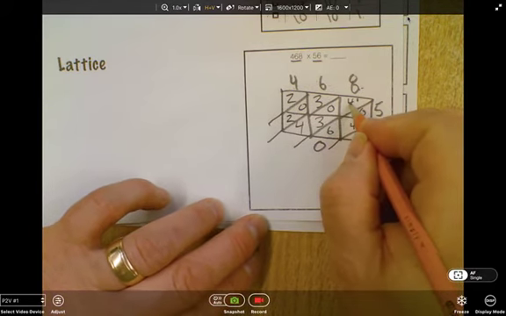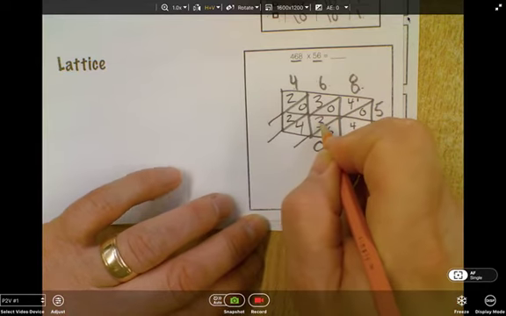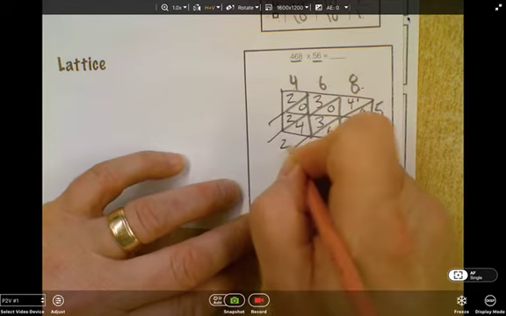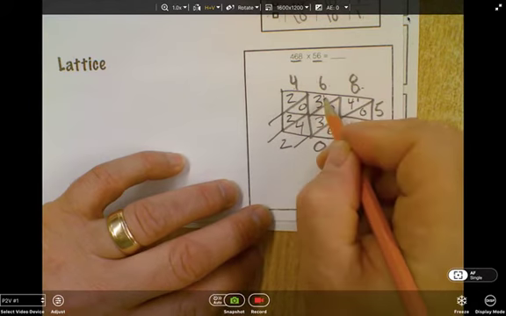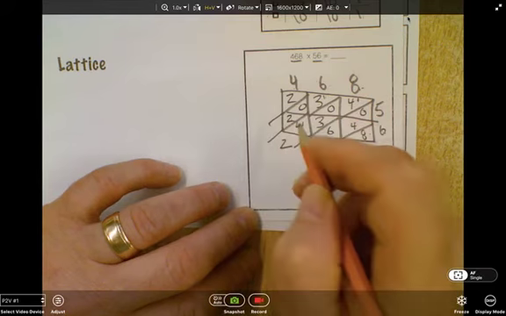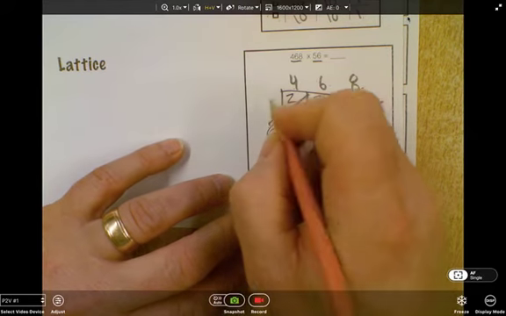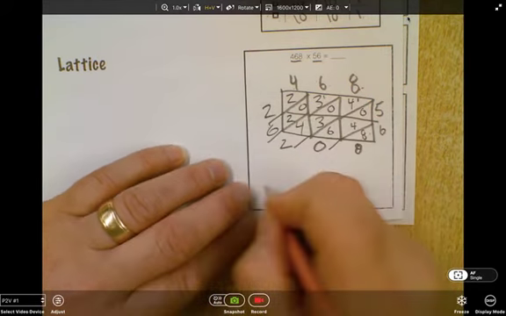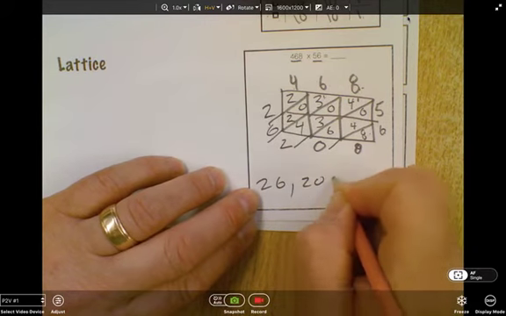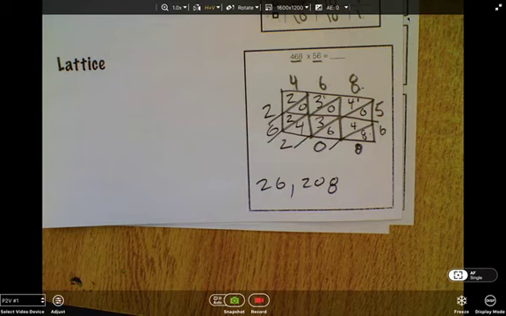So now 1 plus 4 is 5, plus 3 is 8, plus 2 is 12. I hope I did that right. I add 1 more up there, so 1 plus 3 is 4. Plus 2 is 6. And there we are. So this answer ends up being 26,208. Presuming I didn't make any mistakes, that's how you do the lattice method of multiplication.